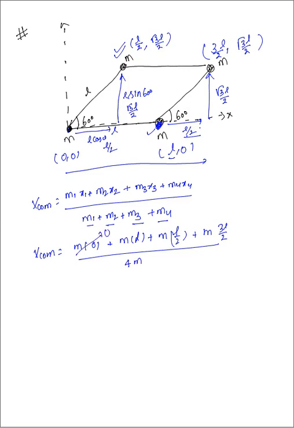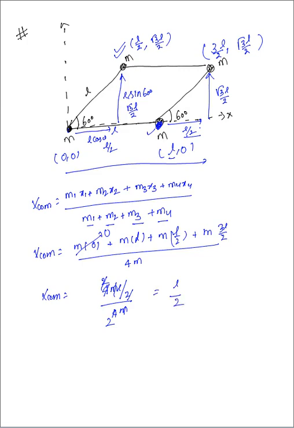So ML, so XCOM can be written as what here? 3ML by 2 plus ML by 2, that's nothing but 4ML by 2. 4ML by 2 divided by 4M. These 2 1 ja, 2 2 ja. So this M also will get cancelled. Therefore XCOM can be written as what here? L by 2 will get it here.